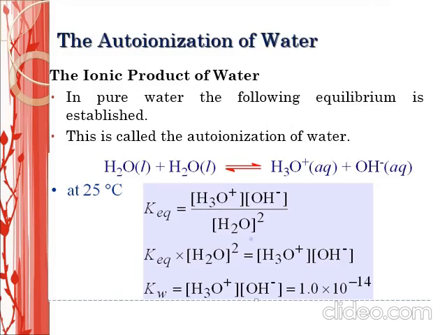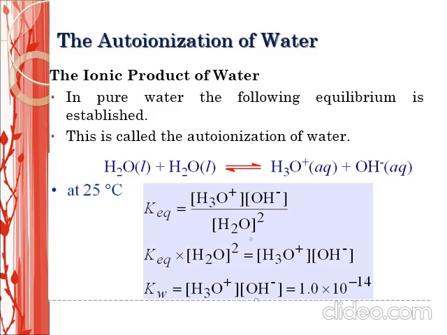Moving on, next is auto-ionization of water. Now, what is auto-ionization of water? Pure water, you will have this equilibrium here. Water with water will give you hydronium and hydroxide. Remember, earlier on I mentioned that water is an amphoteric substance, meaning it can behave as either acid or base.